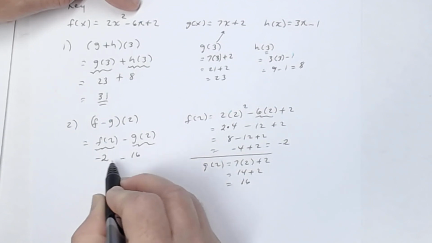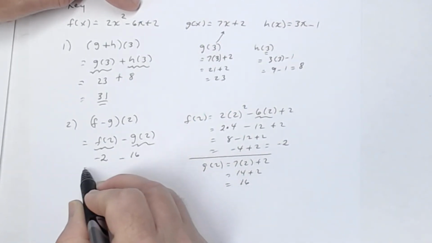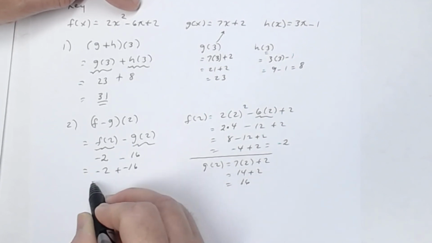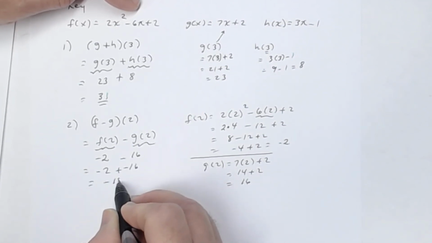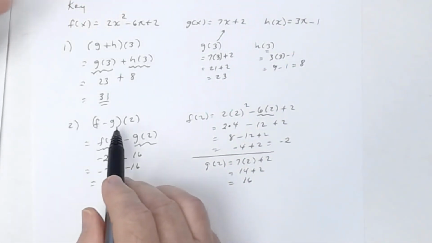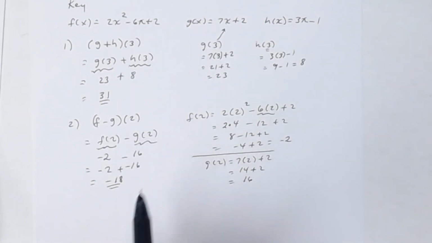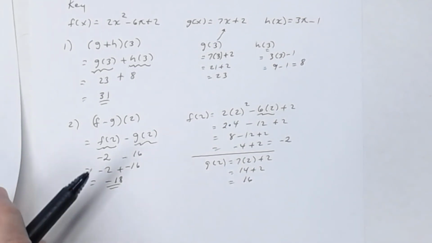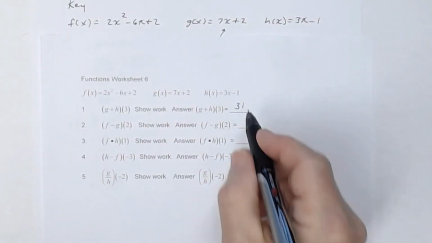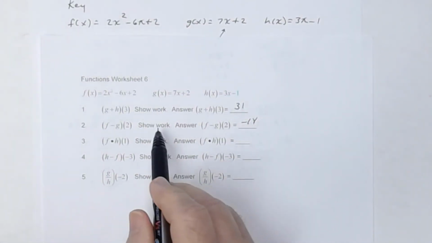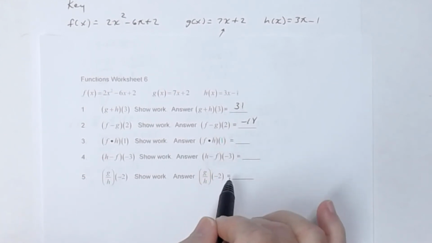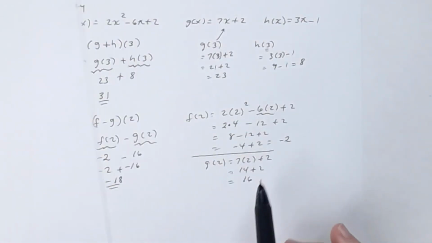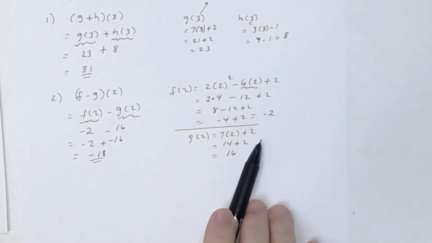And so negative 2 subtract 16, which means the same thing as negative 2 plus a negative 16, equals negative 18. So f minus g evaluated at 2 is negative 18. Again, notice that you have to show the work. Don't just put the answer down. Always follow directions and show complete work. And there's your work right here.